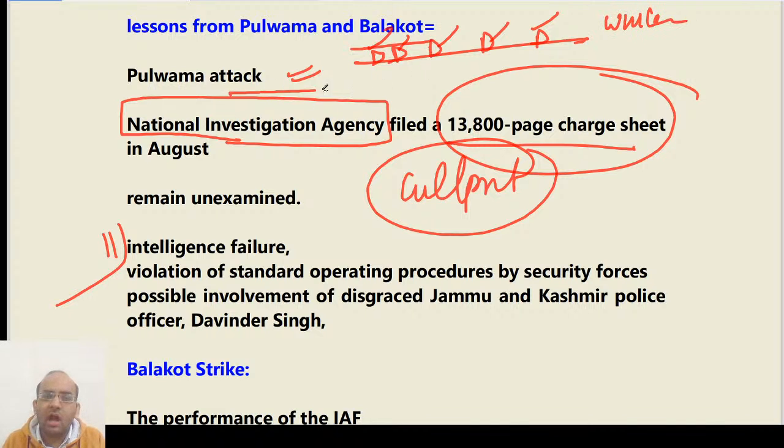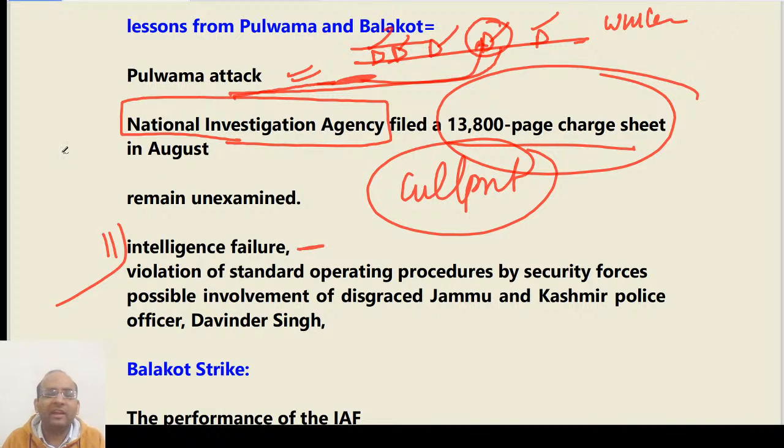And suddenly a car came and destroyed the one single vehicle where 40 soldiers were traveling. So do you think intelligence agencies like RAW and IB did not have any idea about this car movement? How could that person come with such a large amount of explosive in his car and blow up this military vehicle?